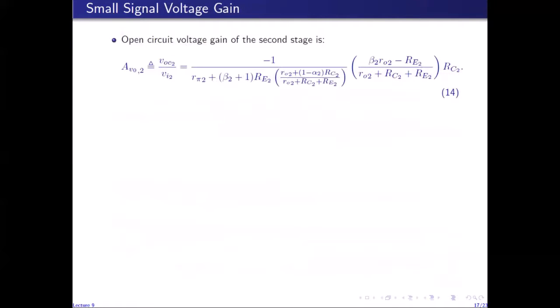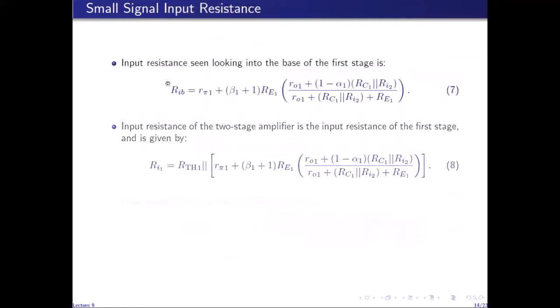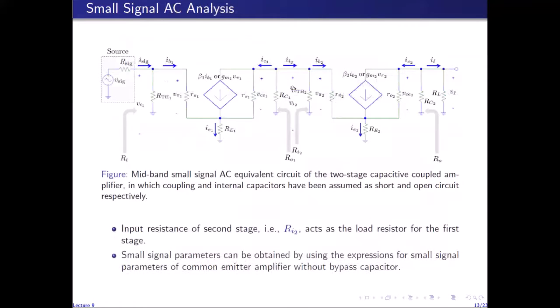Open circuit voltage gain of the second stage is equal to the open circuit voltage at the output of the second stage divided by Vi2. If I disconnect the load, I designate this voltage as Voc2, and Voc2 over Vi2 is the open circuit voltage gain of this common emitter amplifier.